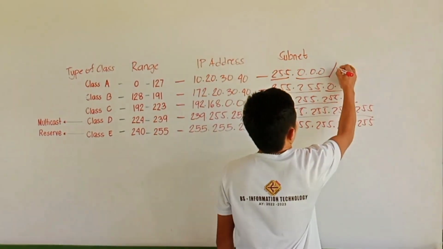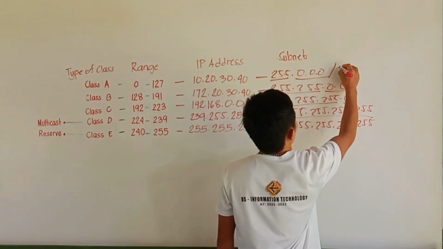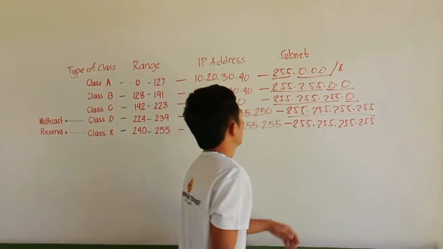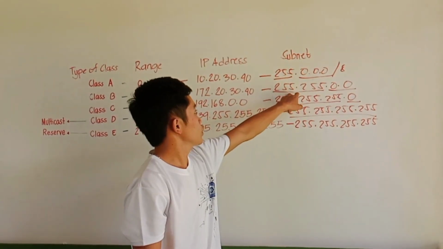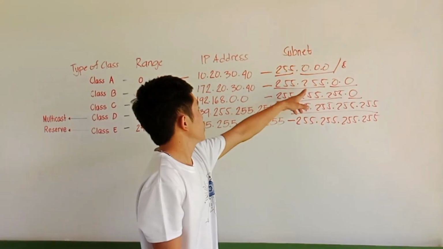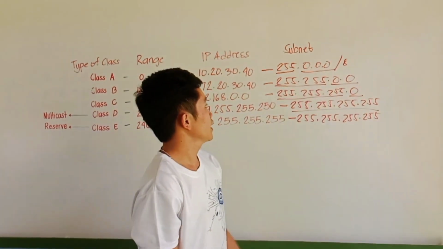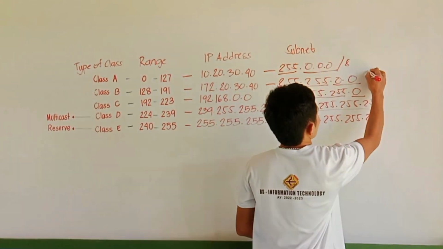So let's put /8. Then for class B, we have 2 network octets, so it will be 16 bits.